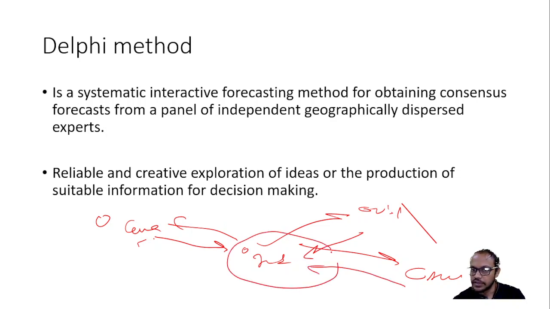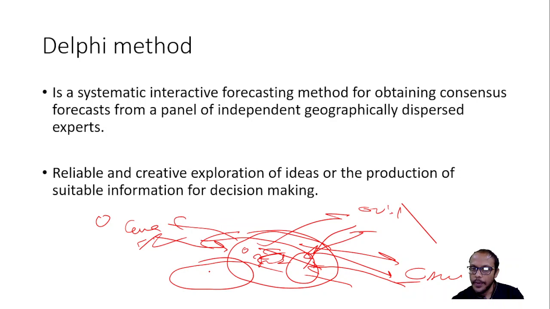These advices are collected, a common consensus is made, and these are again posted to them. They see what other experts have said, so they correct themselves, and they come to a common consensus. This kind of method is called the Delphi method.